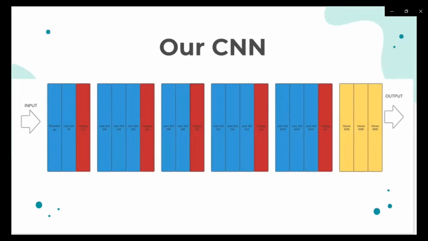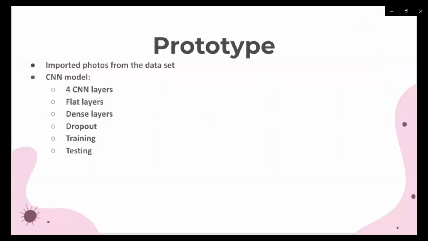Finally, we will use three 4096 node dense layers where the voting will happen, and here we will know if the X-ray is infected with coronavirus or not.